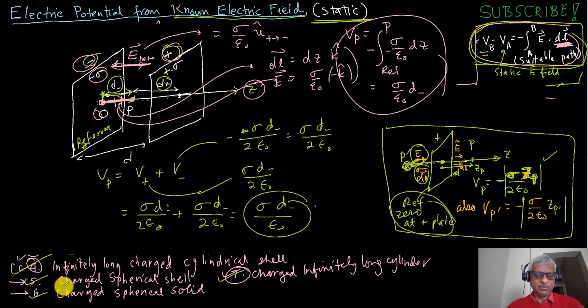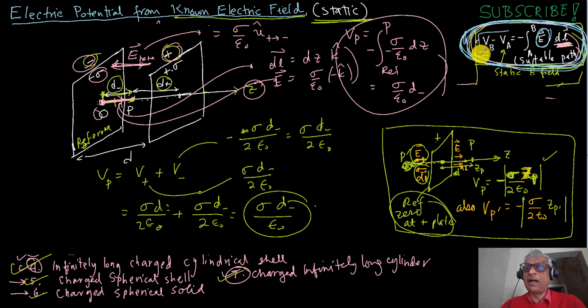Maybe in the future I will do some videos on each one of them. This video is already very long, but I just wanted to make sure you understand that just one formula can solve a lot of problems for you if you know the electric field and how to get the electric potential. That's one thing I wanted to do.